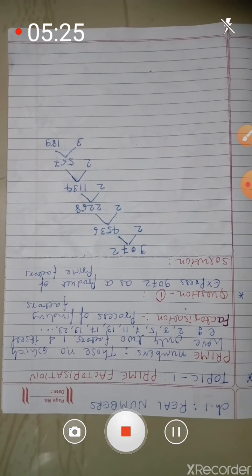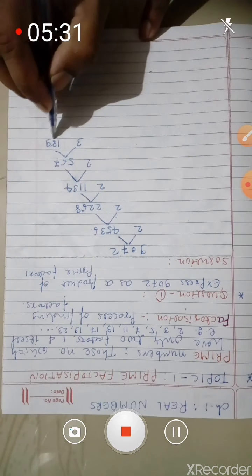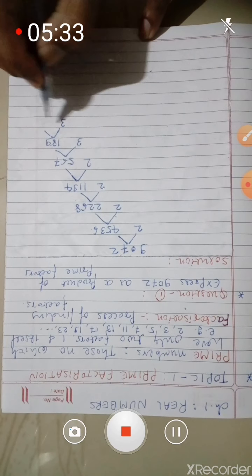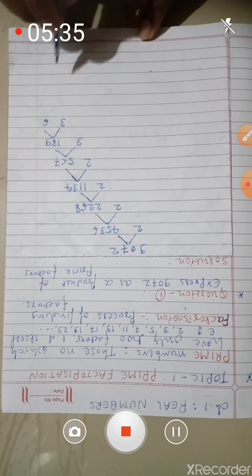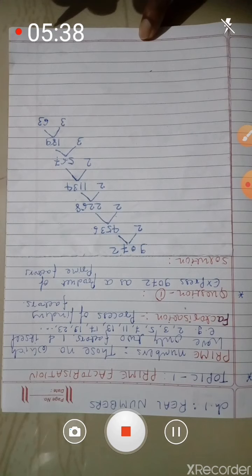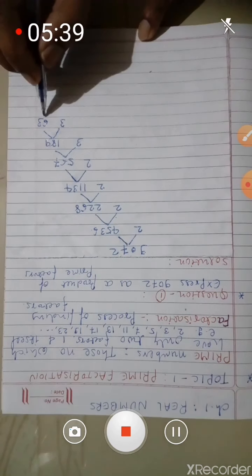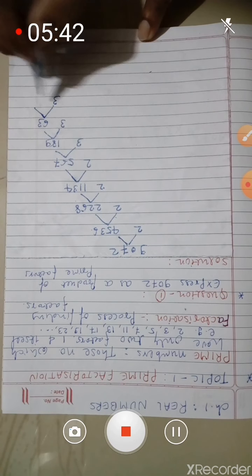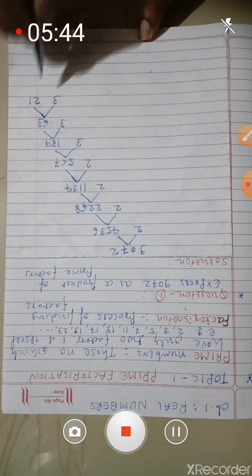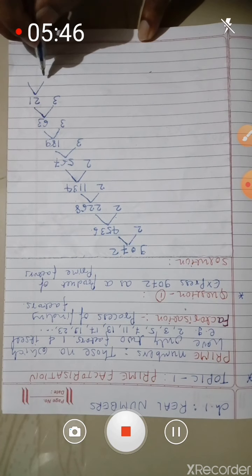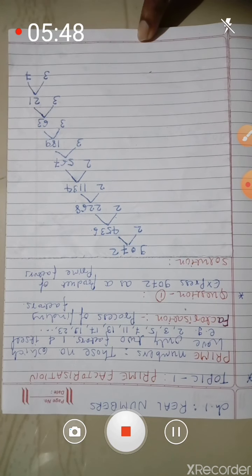Now again look for 3. It is odd, so 8 plus 1 is 9, plus 9 is 18. So it is divisible by 3. 3 sixes are 18 and 3 threes are 9, giving 63. Again it is divisible by 3, so 3 into 21. Again divisible by 3, so 3 into 7.